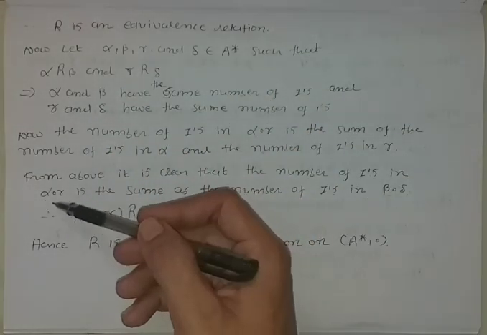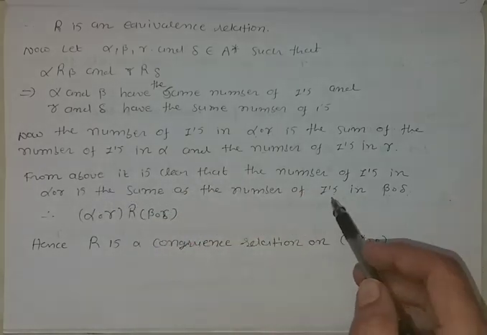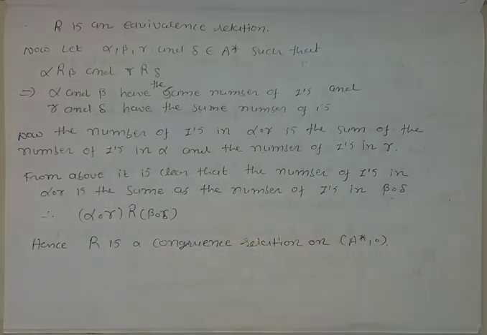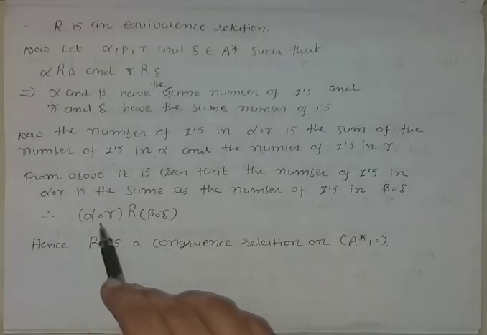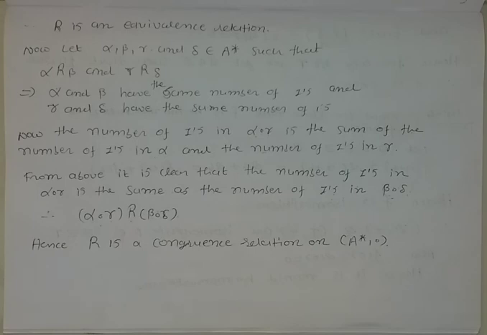So the number of ones in alpha catenation gamma is the same as the number of ones in beta catenation delta. So alpha catenation gamma is related with beta catenation delta. Okay, hence R is a congruence relation on A star. From this we can say that R is a congruence relation.